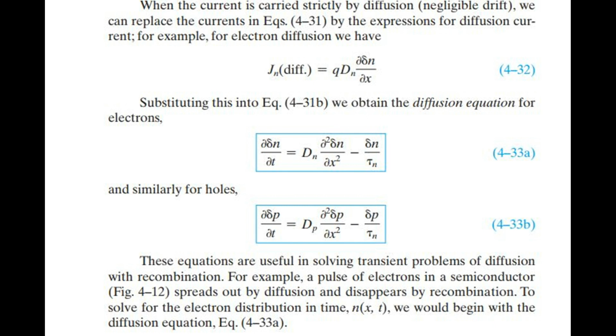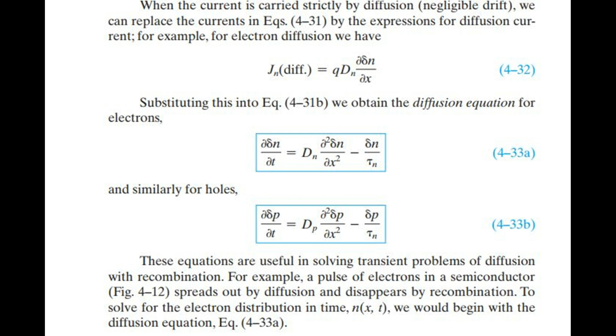For example, a pulse of electrons in a semiconductor, Fig. 4-12, spreads out by diffusion and disappears by recombination. To solve for the electron distribution in time, n(x,t), we would begin with the diffusion equation, Eq. 4-33a.